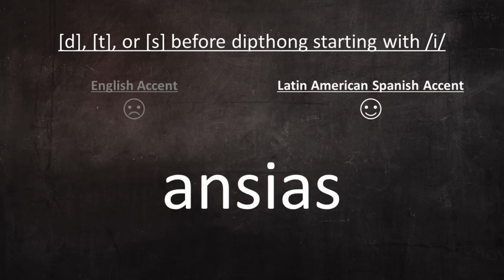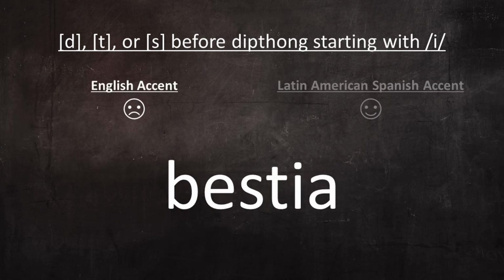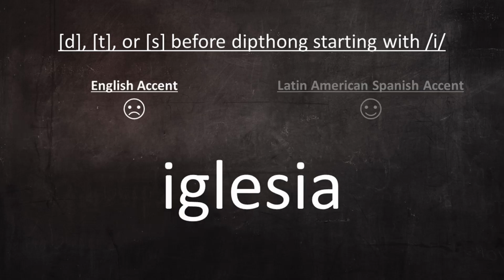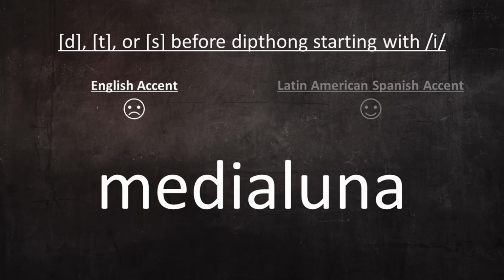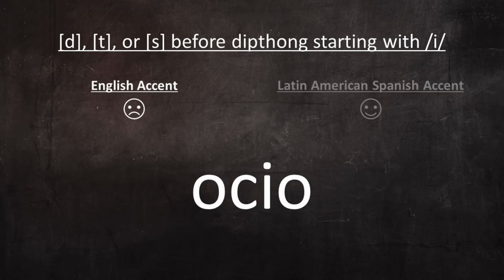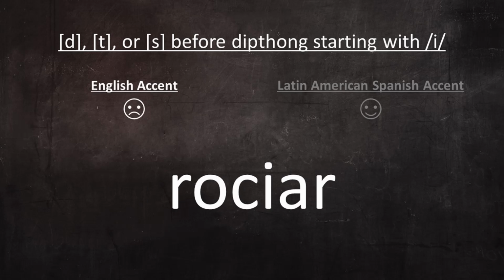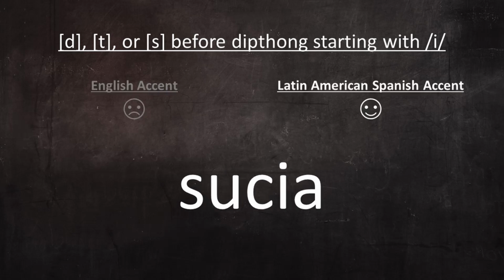Ansias, basura, bestia, Asia, iglesia, juicio, media luna, ocio, rasurar, rociar, sitio, sucia.